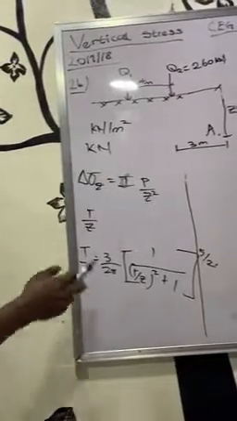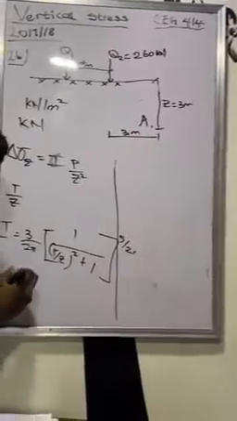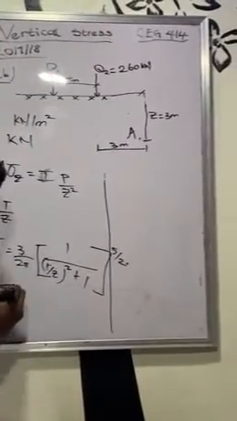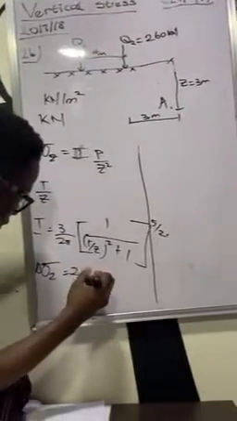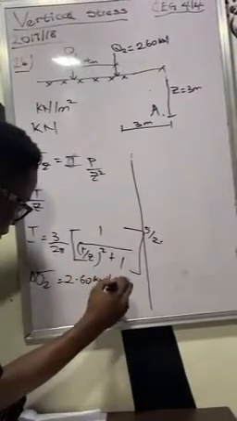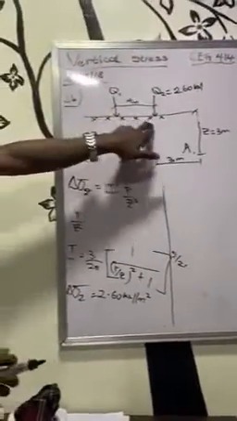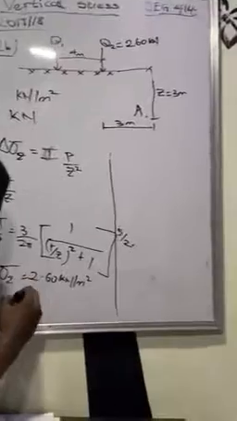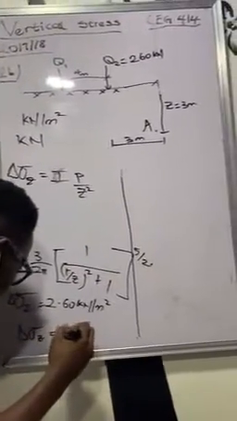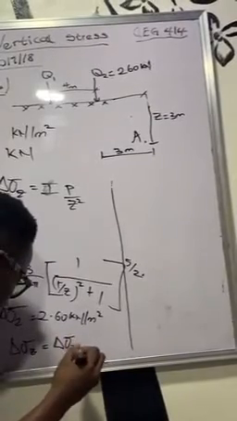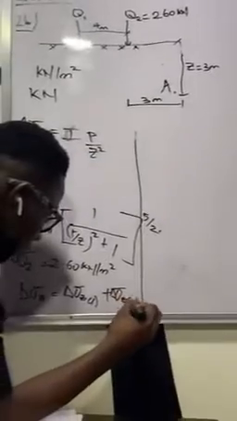So you get the vertical stress increase at the point, they gave us as 2.60 kilonewton per meter squared, and there's a formula that if you have 2 point loads, the vertical stress delta sigma Z is equal to the vertical stress caused by the first point load plus the vertical stress caused by the second point load.